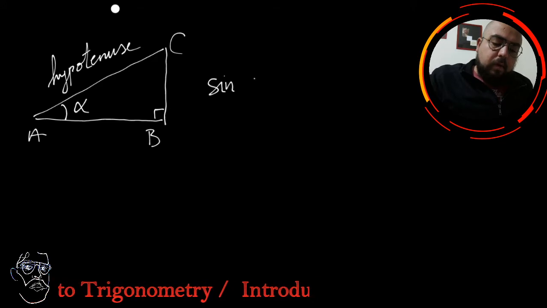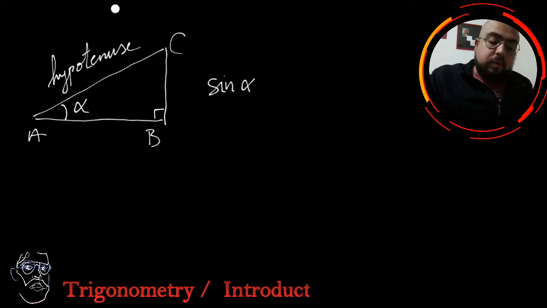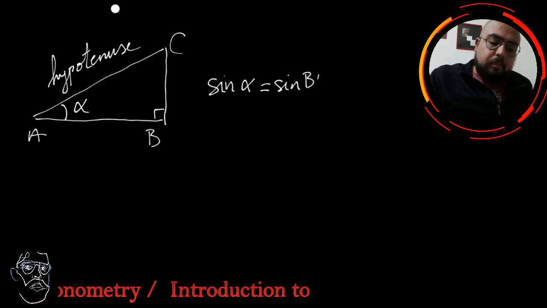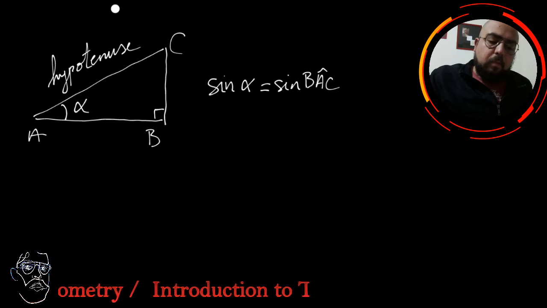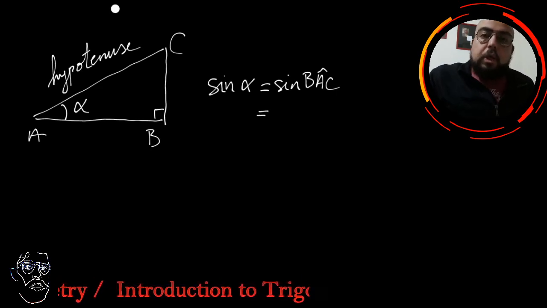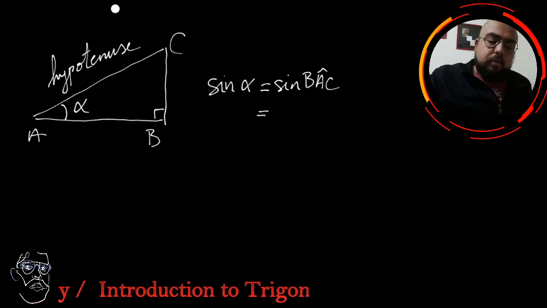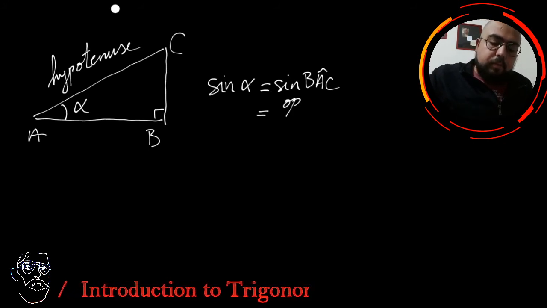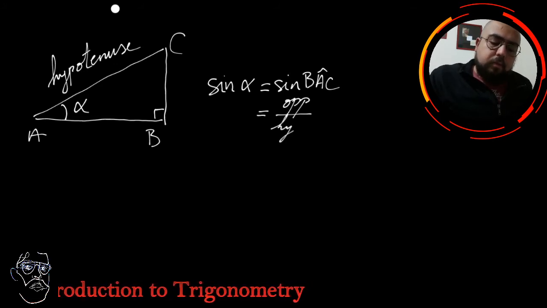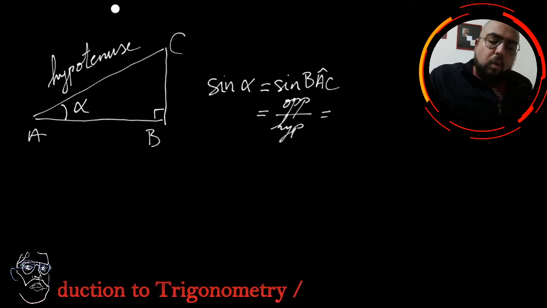Sine alpha, which is of course the same thing as the sine of the angle BAC, is actually the opposite side over the hypotenuse. What is the opposite side of the angle A?